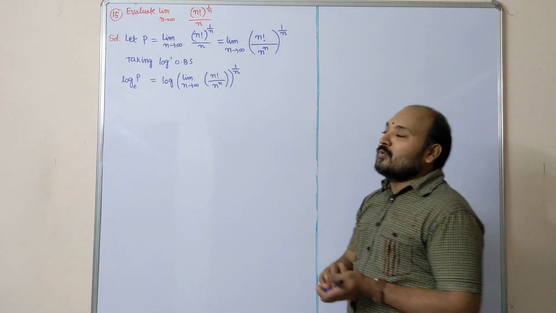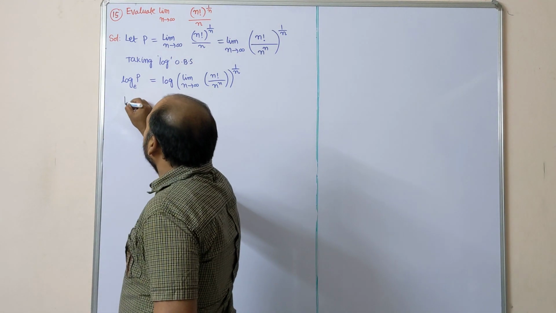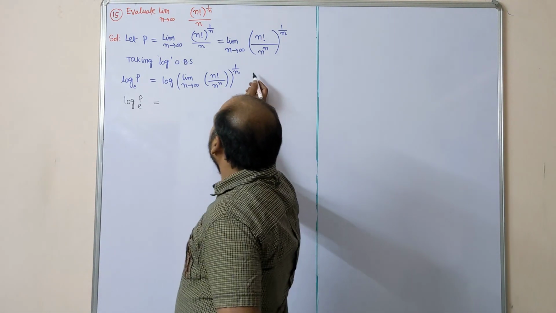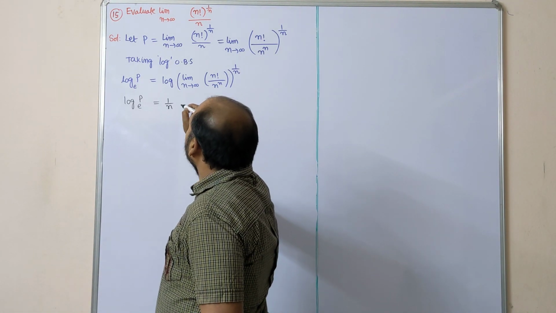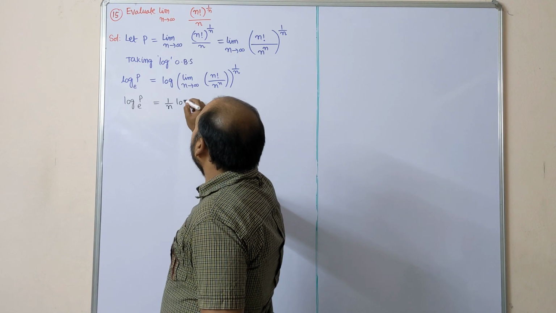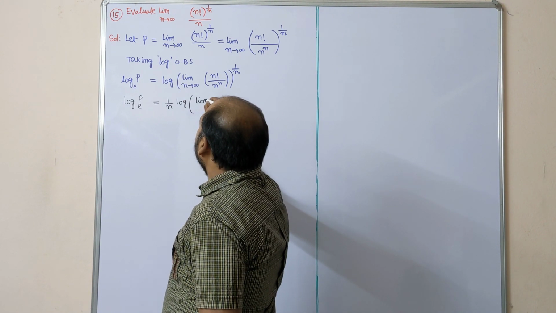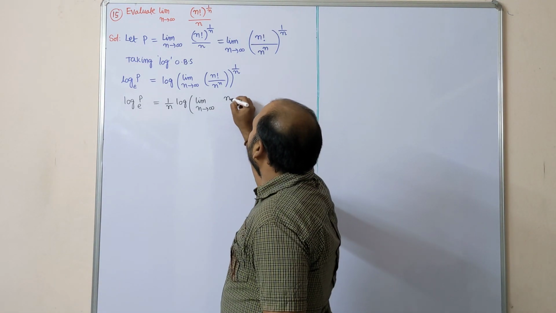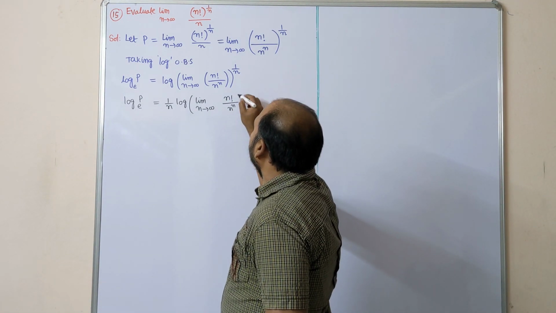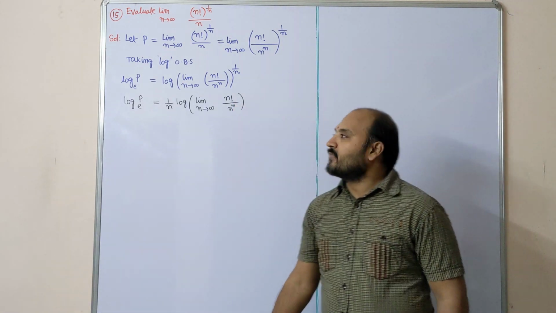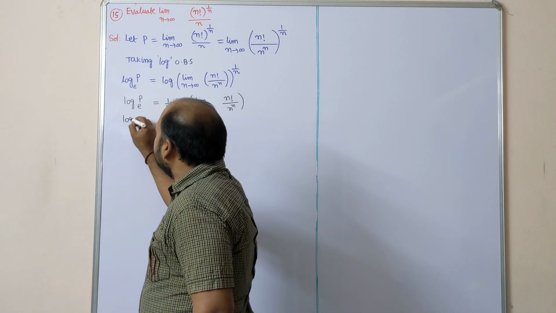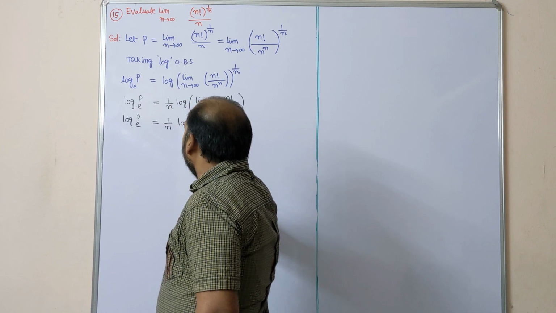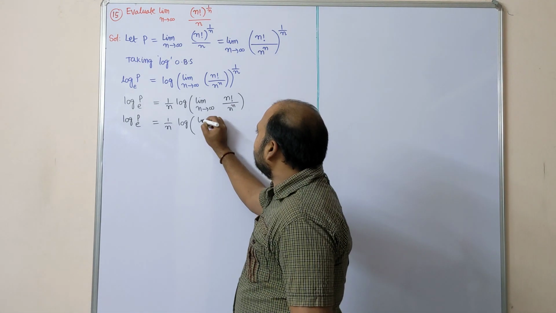In the next step onwards, log p to the base e is equal to, that 1 by n will come here, 1 by n log of limit n tends to infinity, n factorial by n power n.